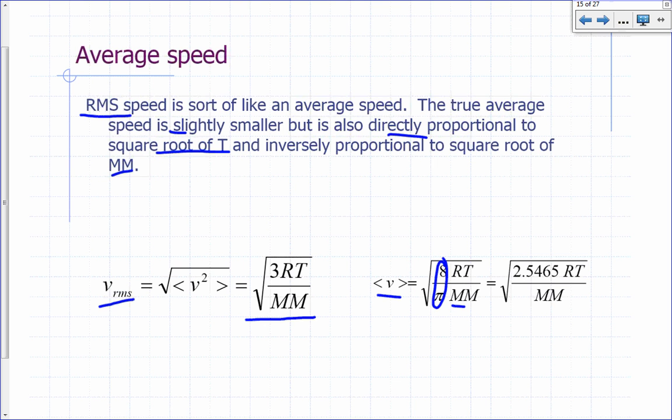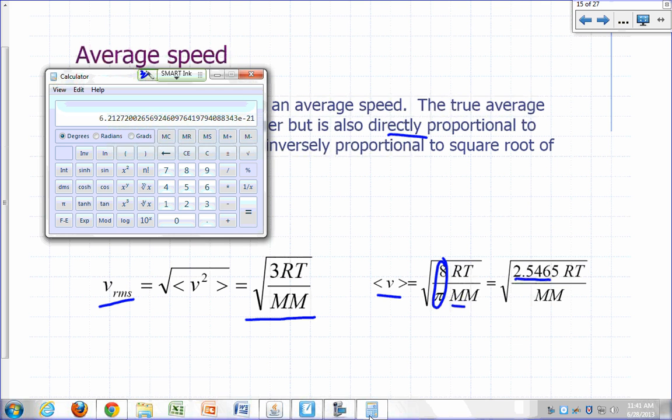And 8 over pi is just 2.5465. Okay. Let's see. 8 divided by pi. See, that's 2.5465.